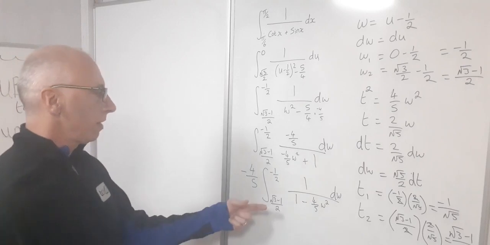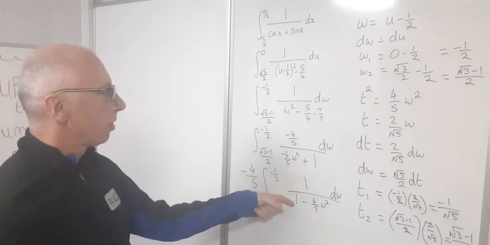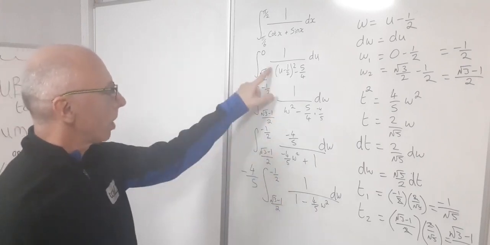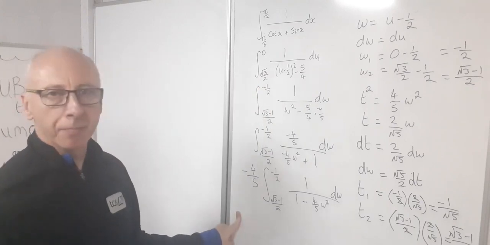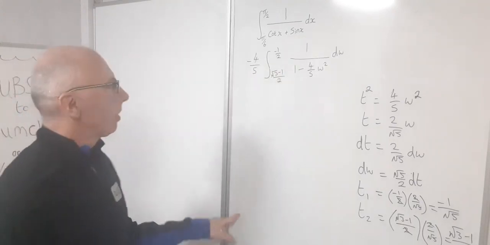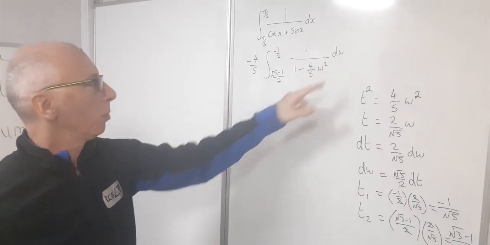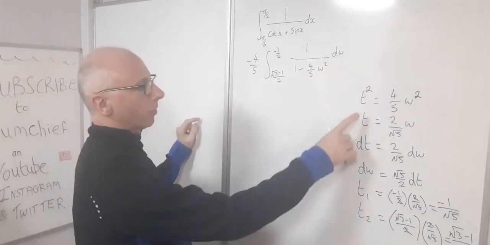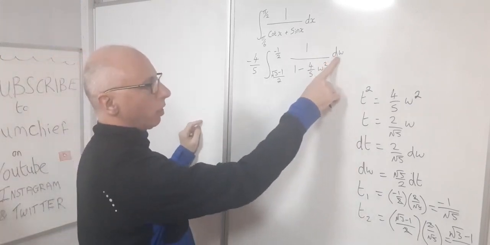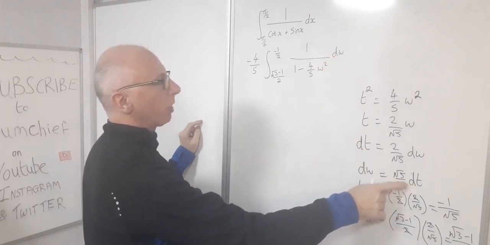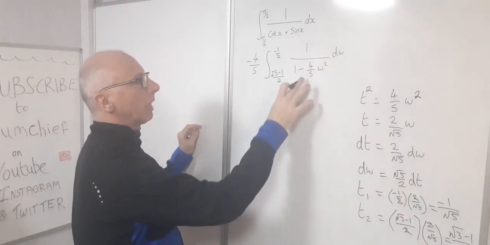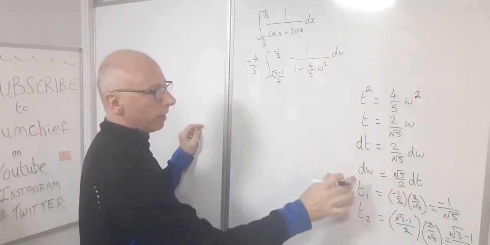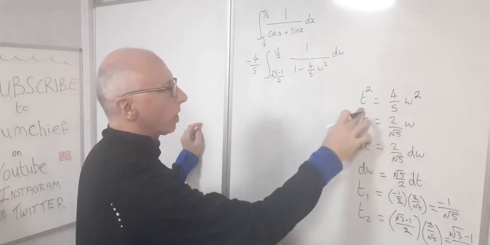So let's take this integrand now into the t world. I'm going to write this up the top and then go from there. So now let's take this into our variable t. dw for dt, that will be root 5 over 2. The 4/5 w squared will just become t squared.